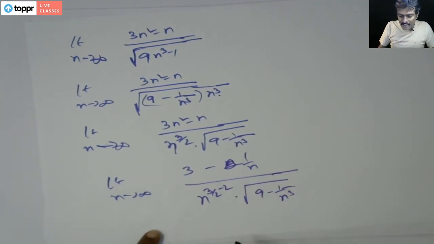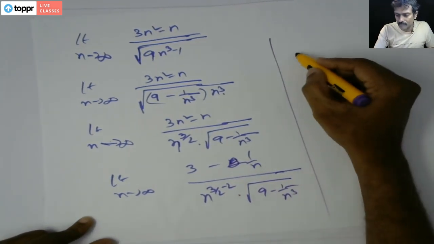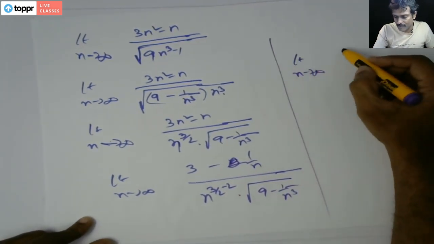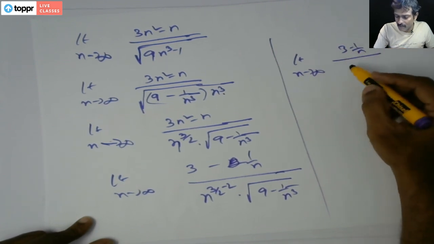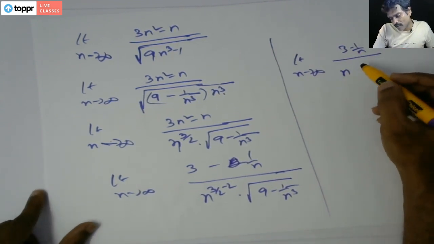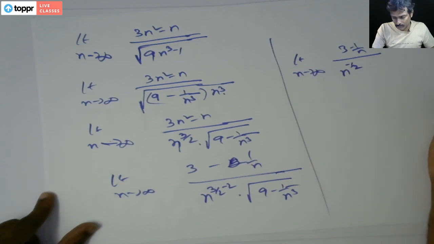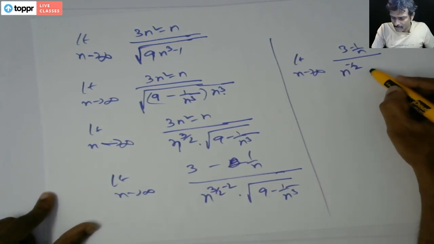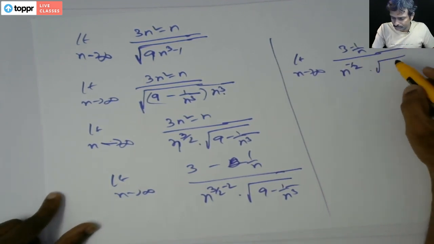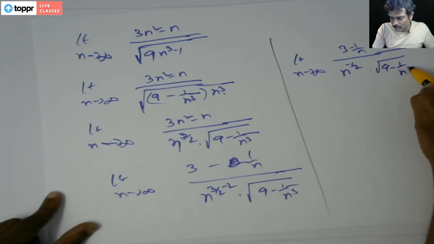So this would be equal to limit n tends to infinity of 3 minus 1 by n over n power minus 1 by 2, right, times root of 9 minus 1 by n cube.